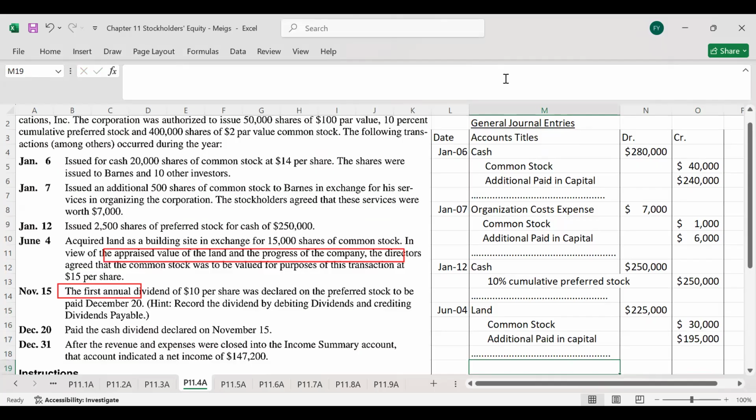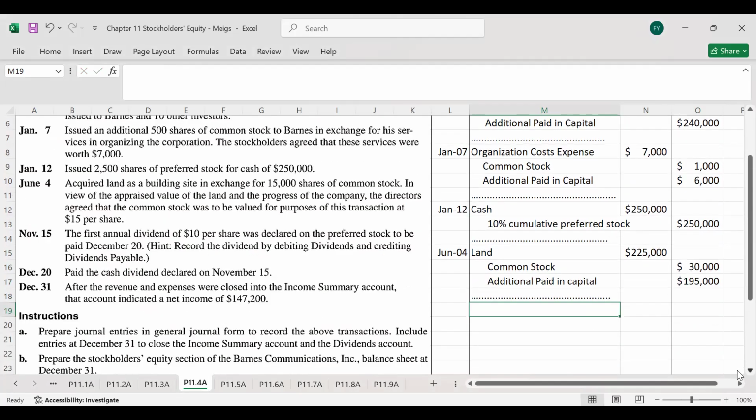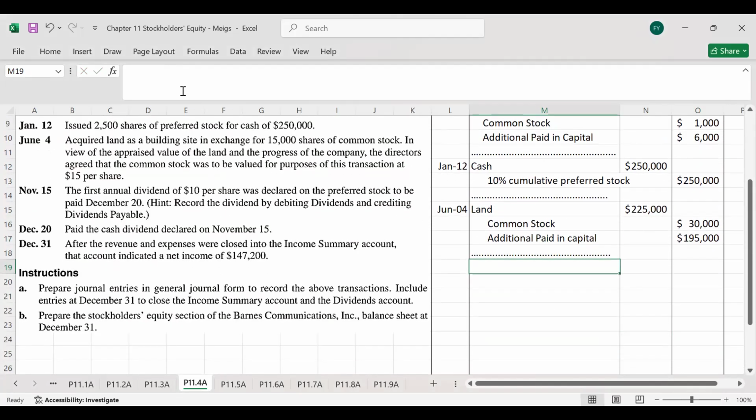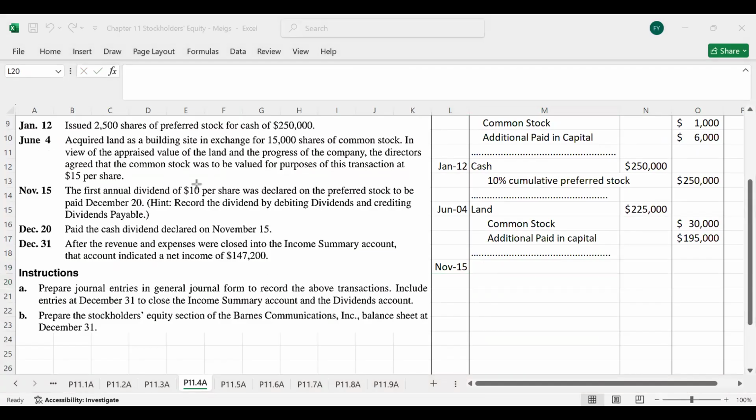Then the next transaction is on November 15. In this transaction, the first annual dividend of $10 per share was declared on preferred stock to be paid on December 20.